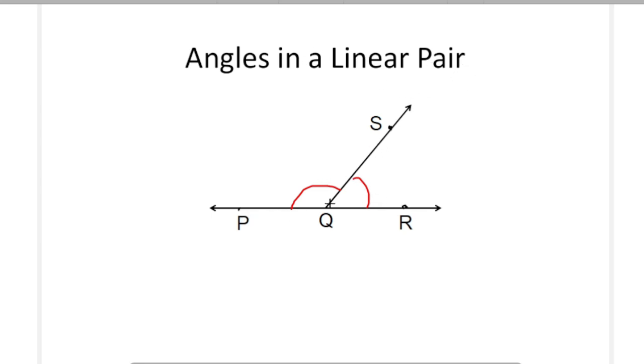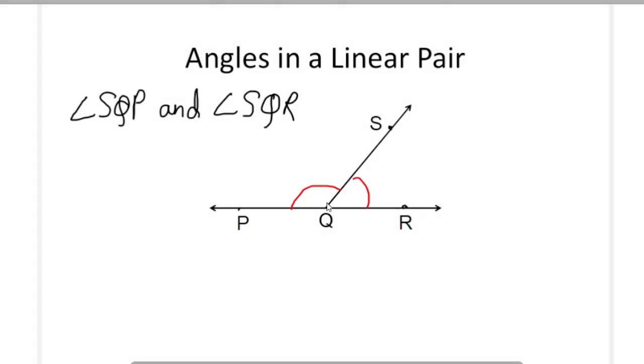So the angles formed on a straight line are called angles in a linear pair. Angle SQP and angle SQR are angles in a linear pair.